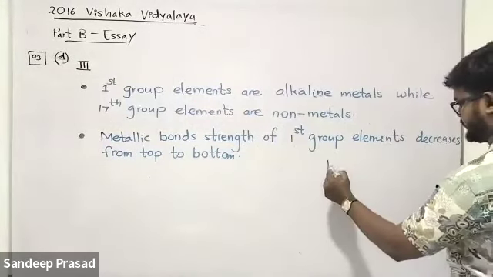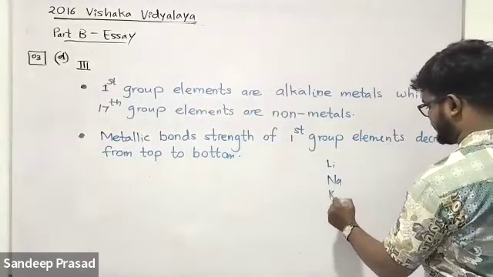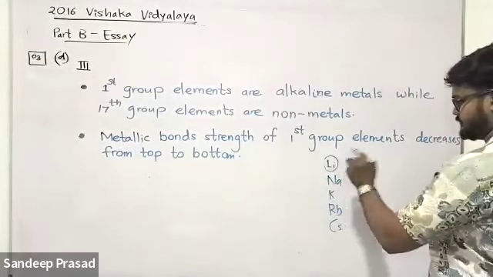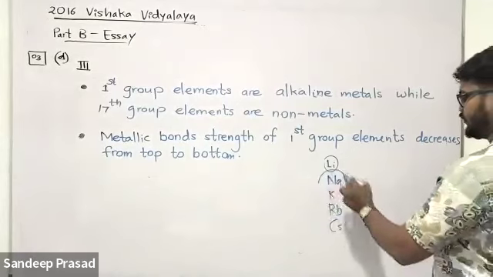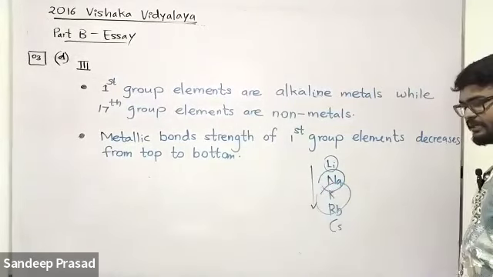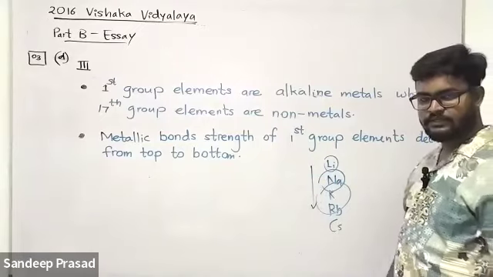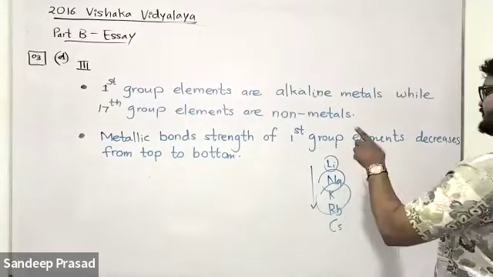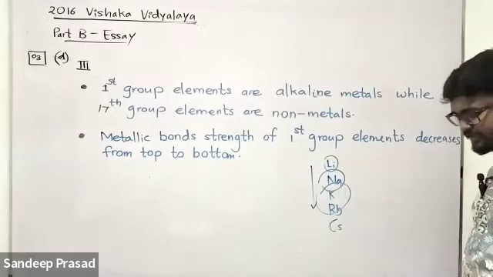Because we know that lithium, sodium, potassium, rubidium, cesium, which one has the highest metallic bond strength? Lithium. Reason, we know that down the group radius is increasing. When the radius increases, what will happen to the metallic bond strength? Decreasing, right? So we have learned those things.